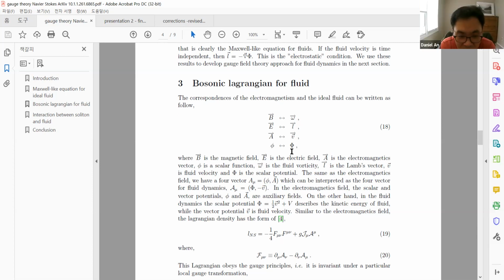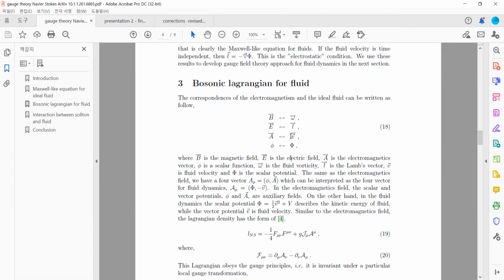Does the capital phi scalar potential have anything to do with the small v? Are you assuming that this is a potential flow? What do you mean by scalar potential? Oh, sorry about the use of different notations. Here, what is capital V?